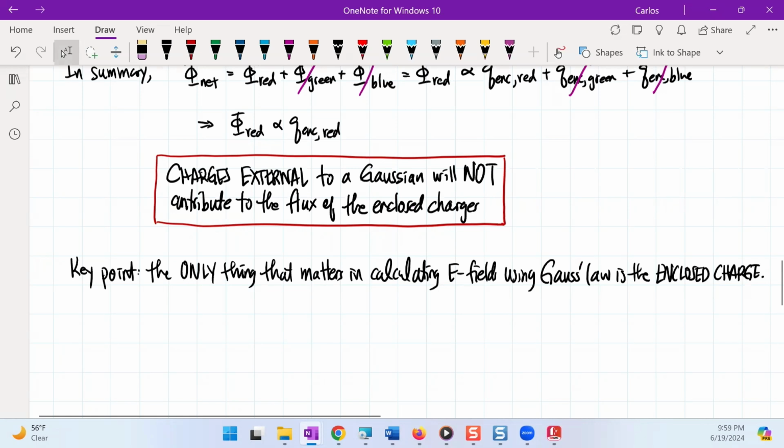Now, this leads to a really, really great question that has lots of misconceptions. It's very, very easy to have these misconceptions. So what we want to do here is ask the question about inner and outer electrons. So really, here's the main question that I want to answer.